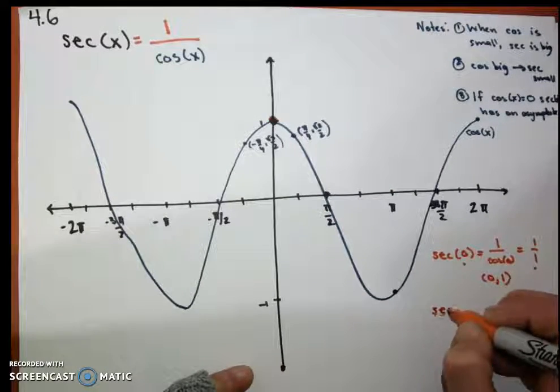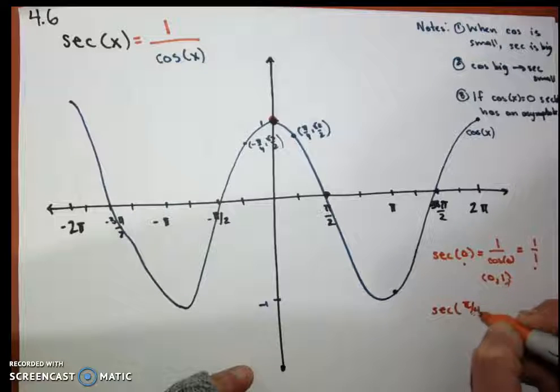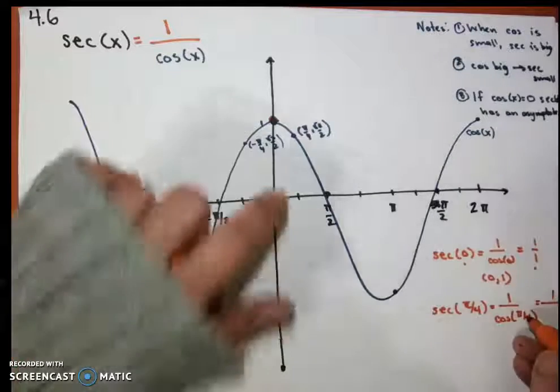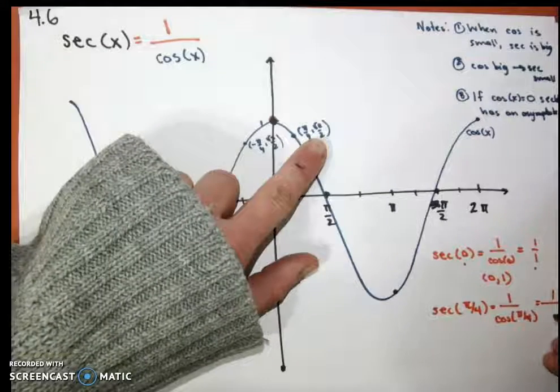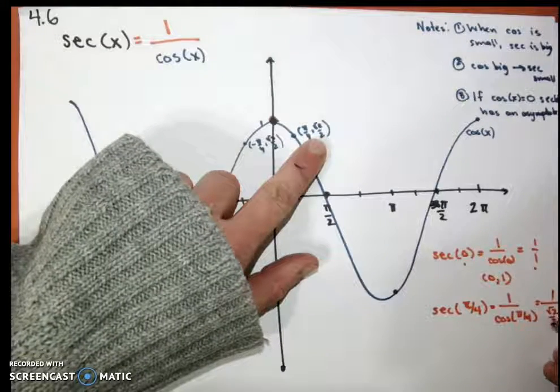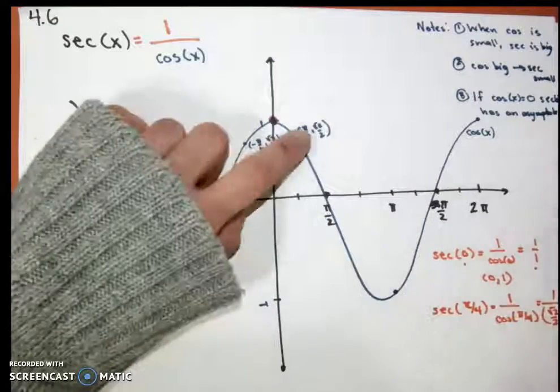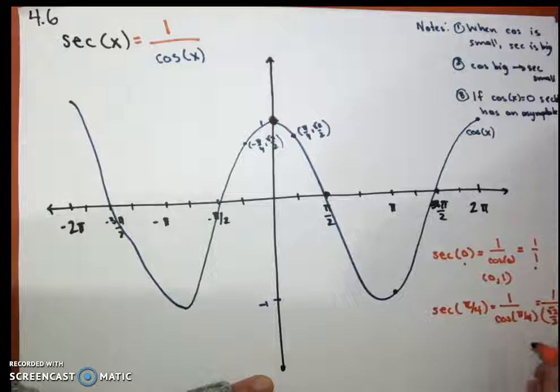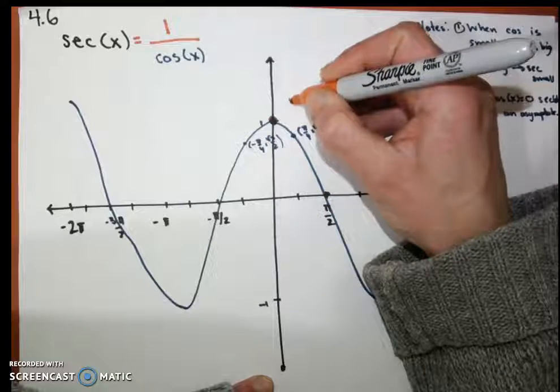What if we plug in pi over 4? Well, that's the same as doing 1 divided by cosine of pi over 4, which is like 1 over, well, cosine of pi over 4 is root 2 over 2. So instead of having root 2 over 2 in the denominator, we're dividing by it. This number is approximately 1.412. So actually, we'd be up here.